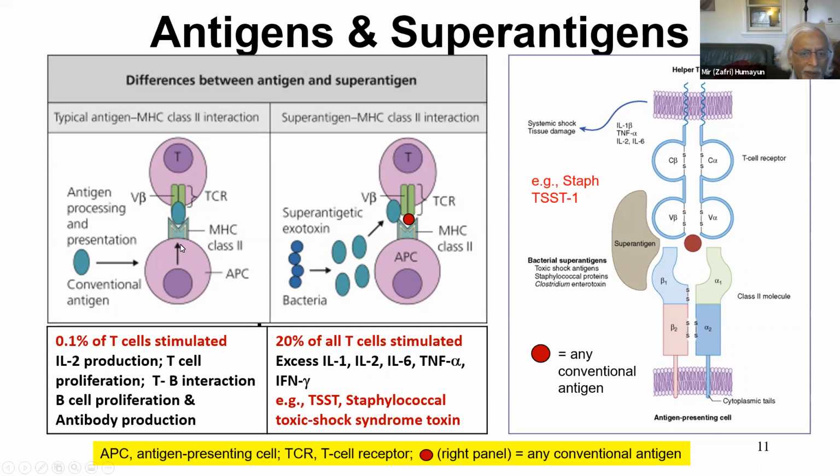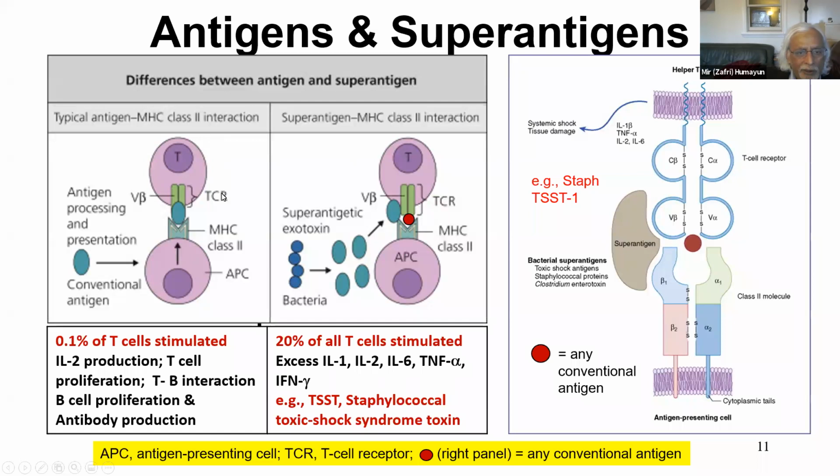In this case, the antigen being presented by this antigen presenting cell is shown as a green oval here. The green oval is held at the surface by a surface molecule that belongs to the APC, called the MHC class 2 molecule. So the function of the MHC class 2 molecule is to hold the processed antigen at the surface so that the antigen can be recognized by a T cell.